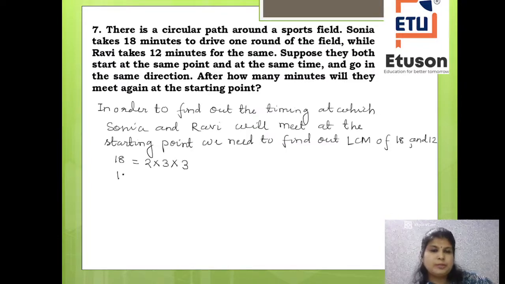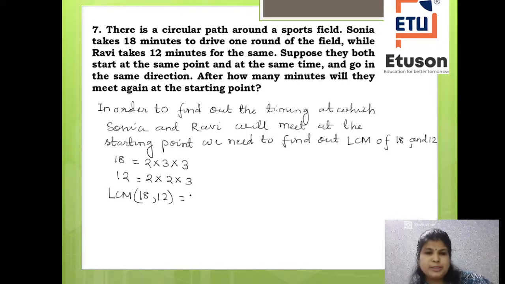Now how will we write 12? 12 is 2 into 6, that is 2 into 2 into 3, 4 into 3, that is 12. So now what is the value of LCM of 18 and 12? You have to take the maximum power of the factors. So the maximum power of 2 is 2 square and the maximum power of 3 is 3 square. 2 square is 4 into 9, that is 36.